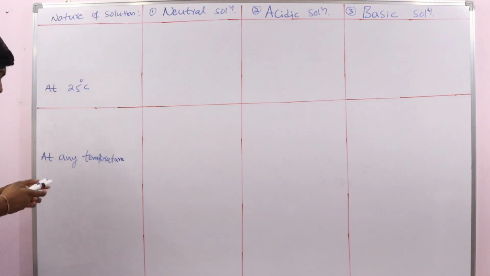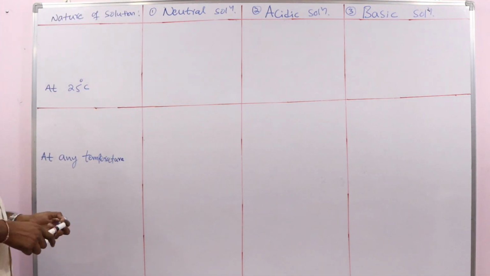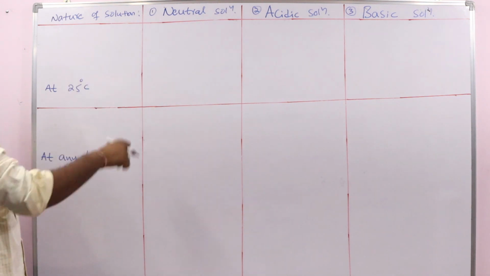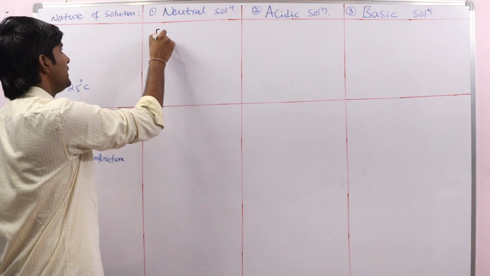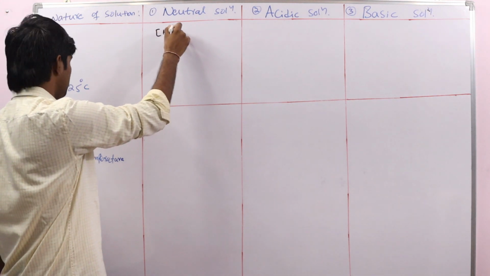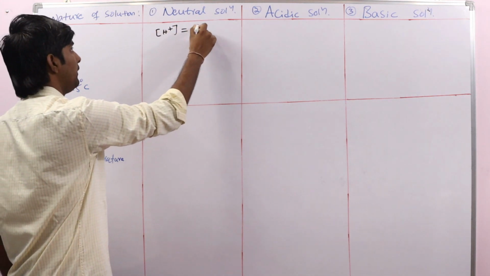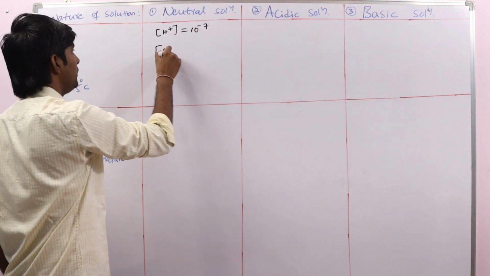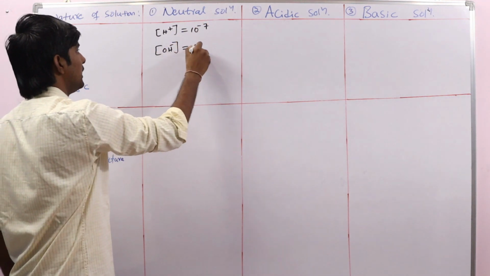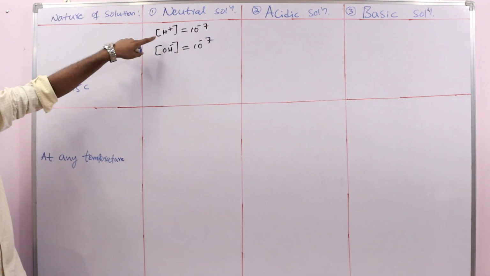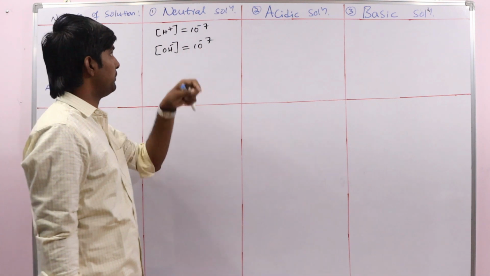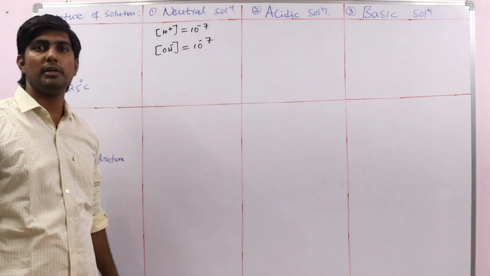Now, see here, first at 25 degrees centigrade, for a neutral solution, H plus ion concentration is equal to 10 power minus 7 and OH minus ion concentration is also equal to 10 power minus 7. Yes or no? Because we already discussed how we get this 10 power minus 7 in the previous lecture.